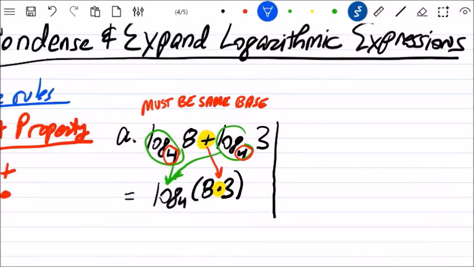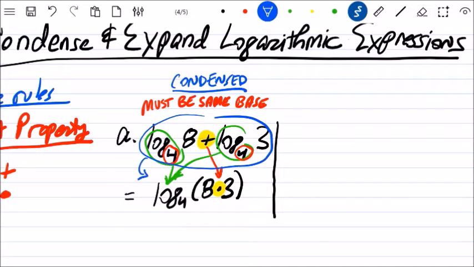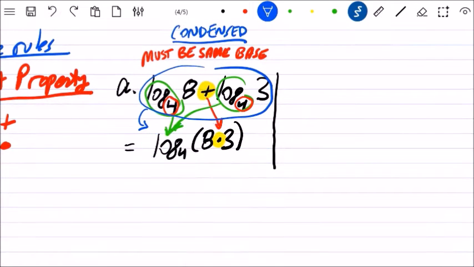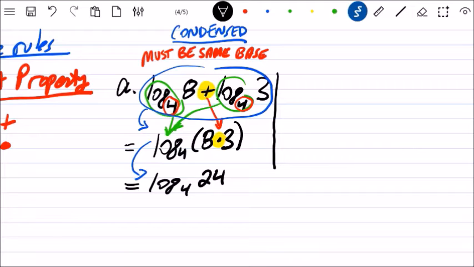So what I just did here is I condensed this one and made it into this one, which then makes it into log base 4 of 24.